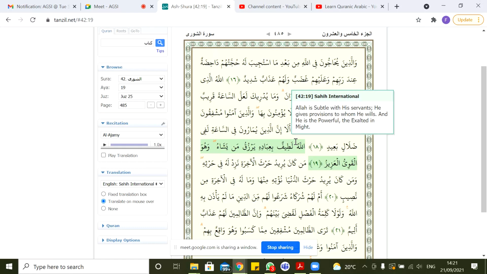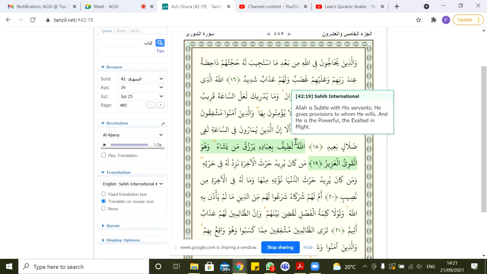Latifun is an ism, and it's in rafa as well. Is Latifun a sifa of Allah? We do not see Allah's names as sifa and mawsuf. It's a name of attribution of Allah.